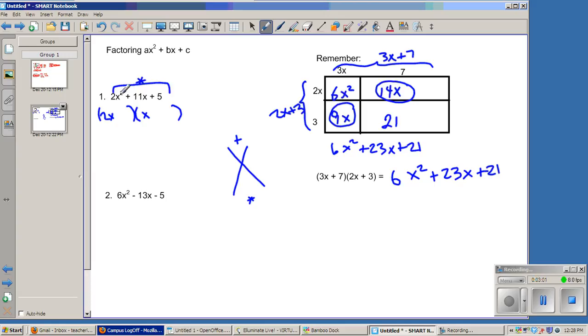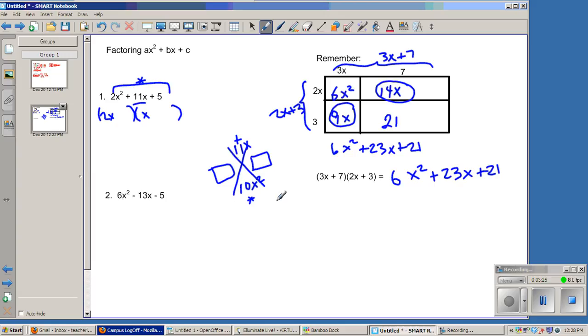And so 2x squared times 5 gives me 10x squared, so I'm going to put that here, 10x squared. And to get the sum number, I just put in that middle number, 11x. So what I'm looking for in these two spots are what numbers, when I multiply them together, I get 10x squared. At the same time, when I add those two numbers, I get 11x.